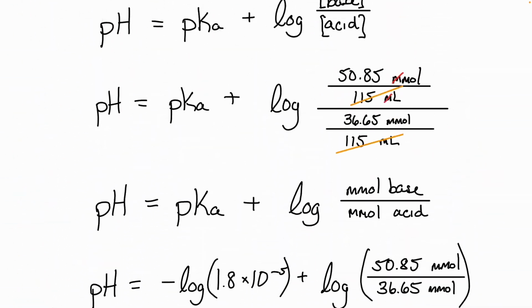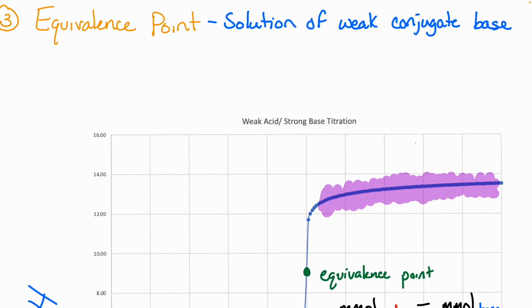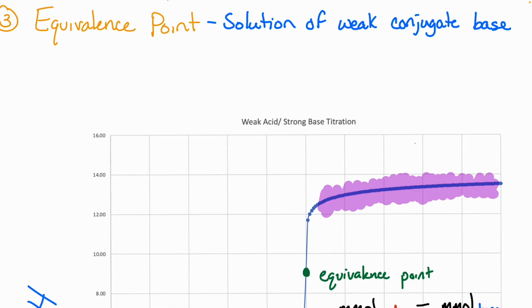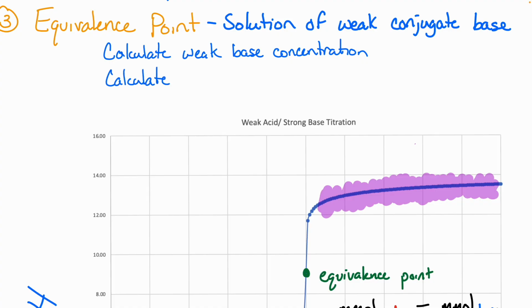I guess let's just make our notes about our equivalence point. We have a solution of weak conjugate base. We have to calculate that weak base concentration. And then we have to do our calculation of a weak base pH.